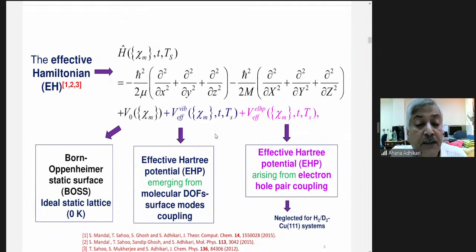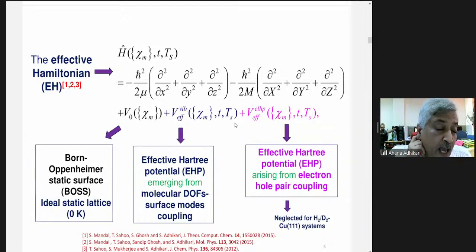So here is a possibility of including the surface temperature, but you have to take a very novel and smart quantum mechanical technique, so that you can include the surface temperature as a parameter, because quantum mechanics is a zero temperature formulation.